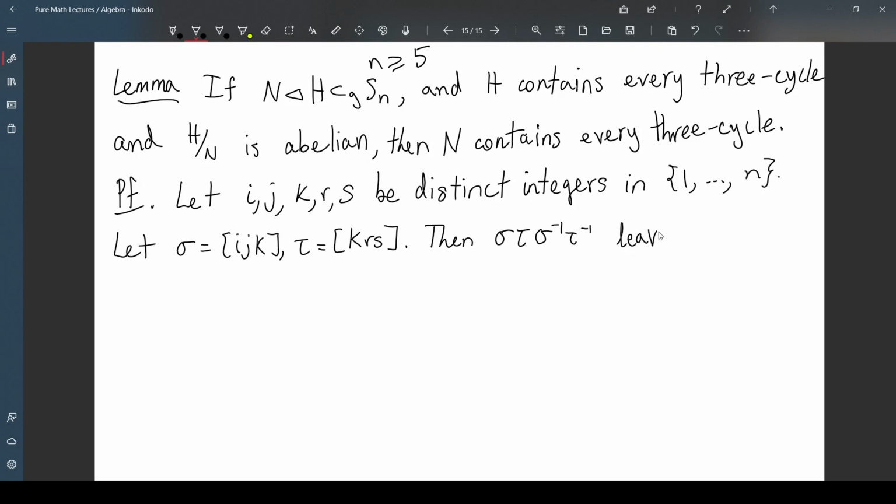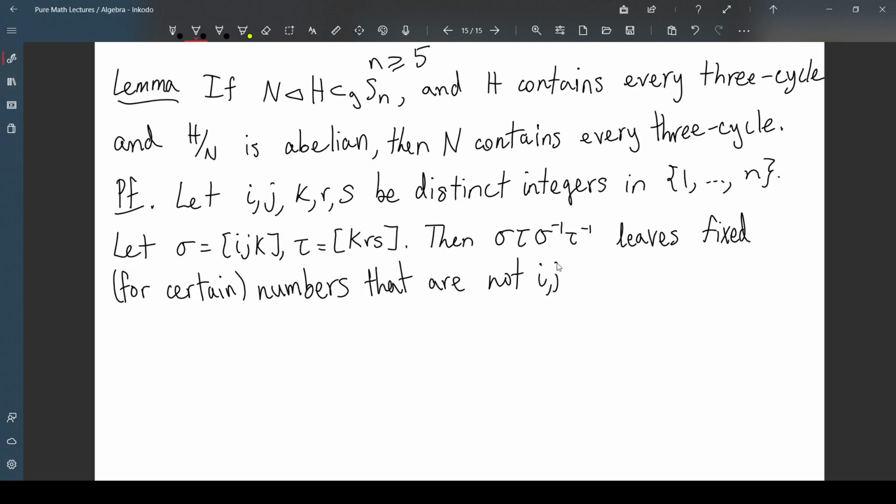So this element leaves fixed any numbers that are not i, j, k, r, or s. So now we just need to show what happens to each of these.